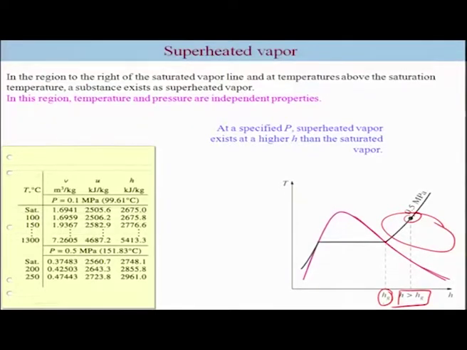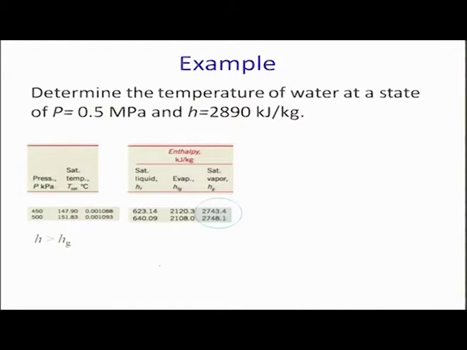So, for this also we have tables. Tables are typically in terms of V, U, H and temperature for a given pressure. That is how we make use of such superheated tables in order to solve problems related to superheated conditions. So, let us look at an example.